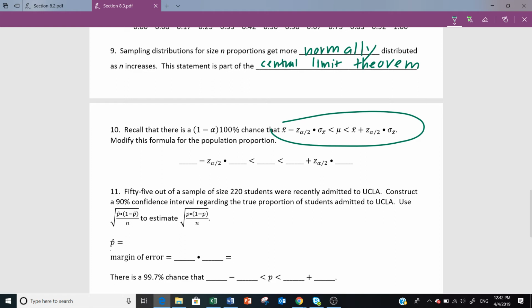Well, we can change it to make it for the population proportion. Just like x bar, but the middle one's just P, yes. Middle one's P. No P hat. And then what would the slide ones be? Sigma p hat. Yeah, exactly. You're right. Sigma p hat, yeah.